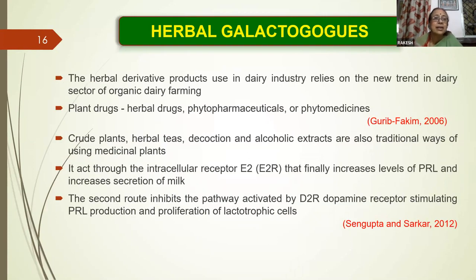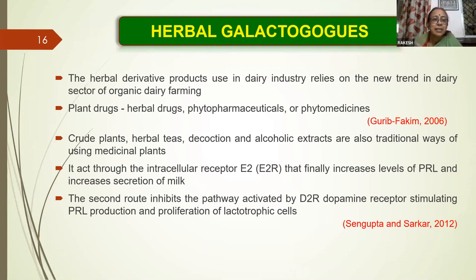Now, herbal galactogogues, they are derivative products. They are used in the dairy industry. Now, coming to the plant drugs. The plants are herbal drugs. They have phytopharmaceuticals and phytomedicines, whose phytochemicals mimic the allopathic drugs and can act at par with the allopathic drugs.